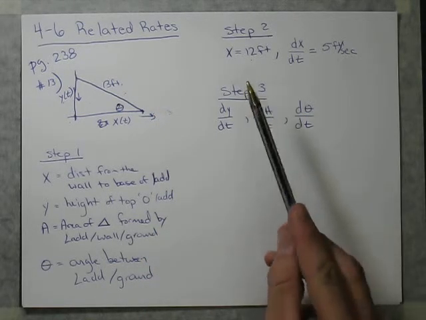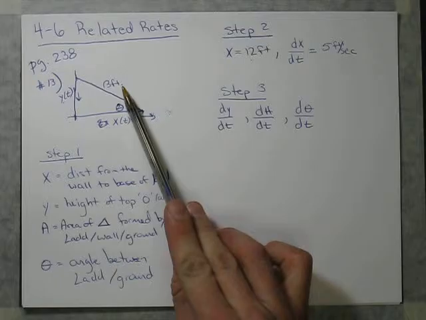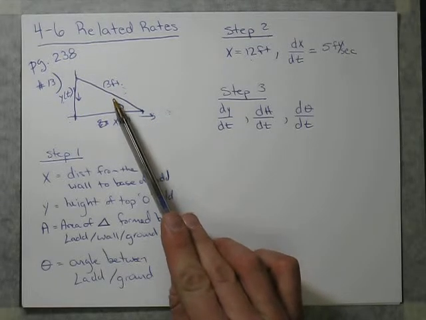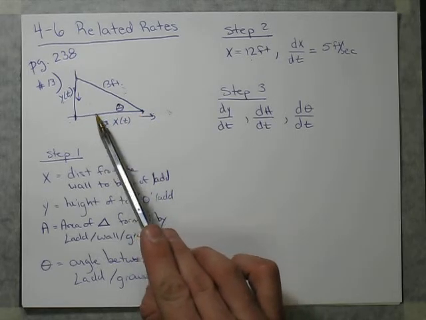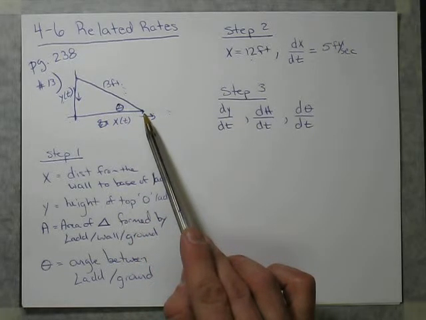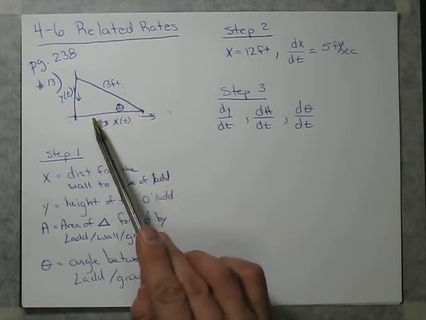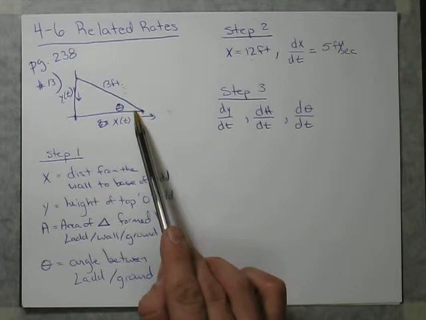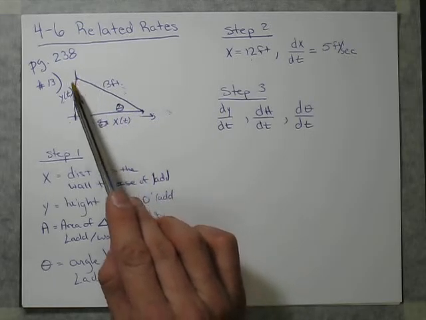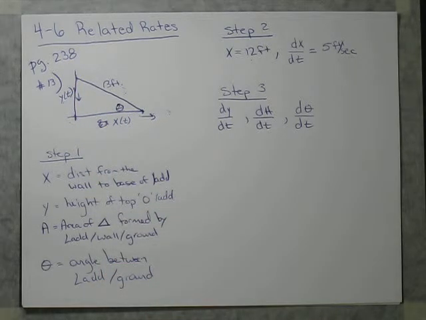So things that I know is the ladder is 13 feet. I know that at that very instant, this base of the ladder is 12 feet. So 12 feet and 13 feet. I don't know what y is, but I could probably find y. But I don't necessarily need to find y.